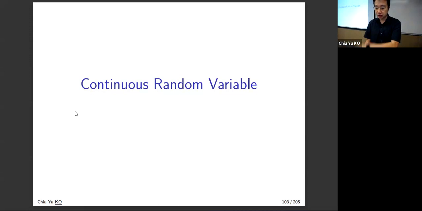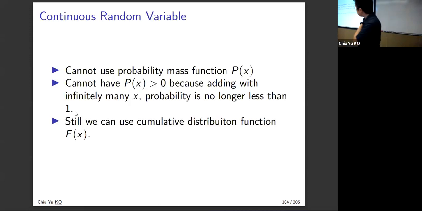So, continuous random variable here. I added some slides, but we already talked about this, so there's nothing new here. The reason why we need a new thing is because we cannot have P of X. The reason is the continuous random variable means there are infinitely many numbers, so many that you can't count them.